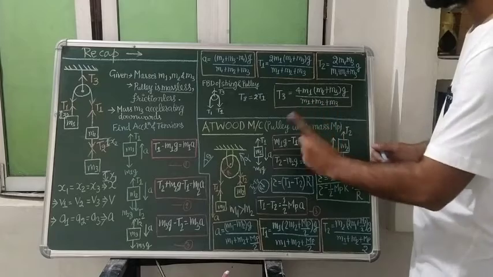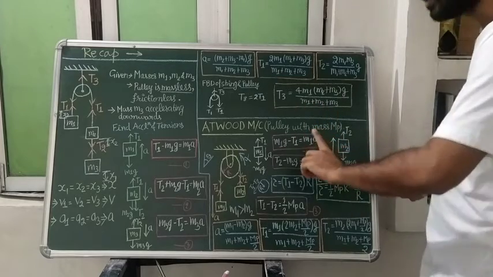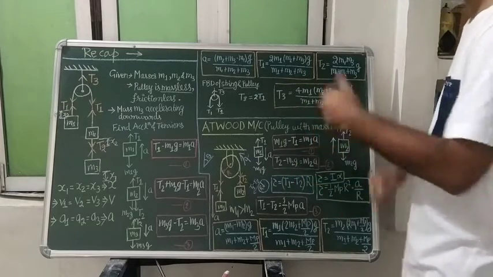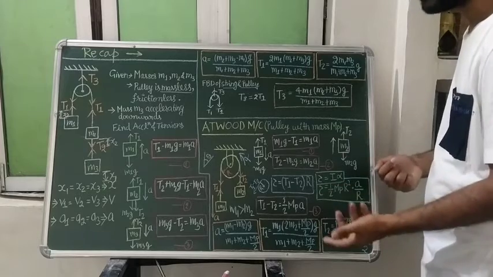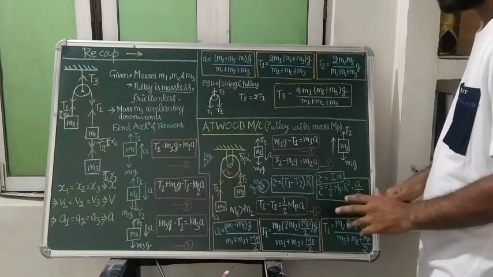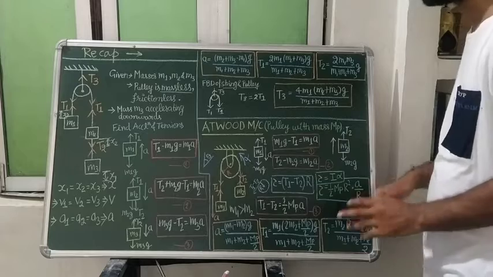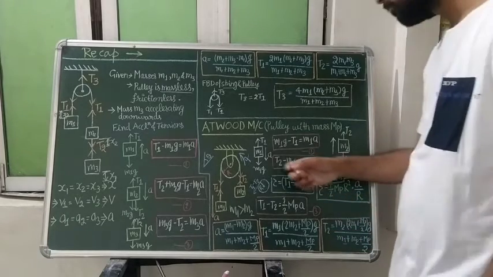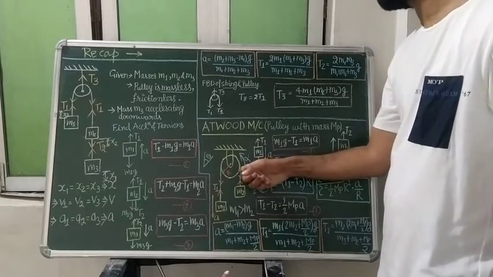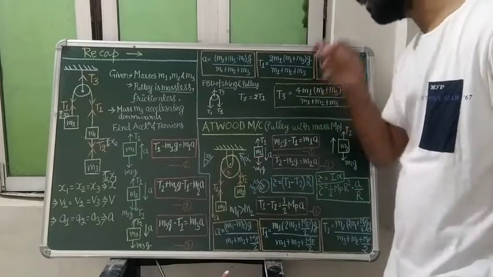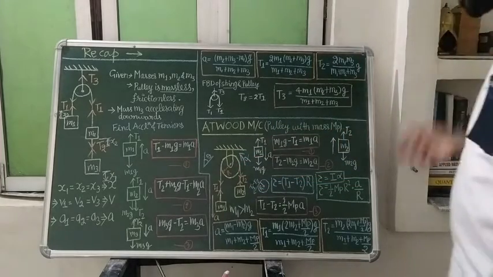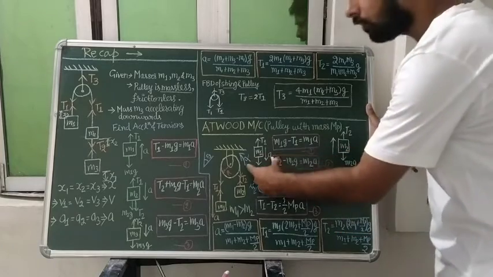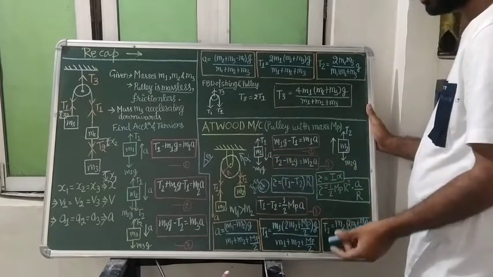It will displace by an angle. When you differentiate the angular displacement, angular velocity will come, and when you differentiate angular velocity, angular acceleration will come. So due to the rotation of the pulley, it will have a certain angular acceleration, and torque will act on it.